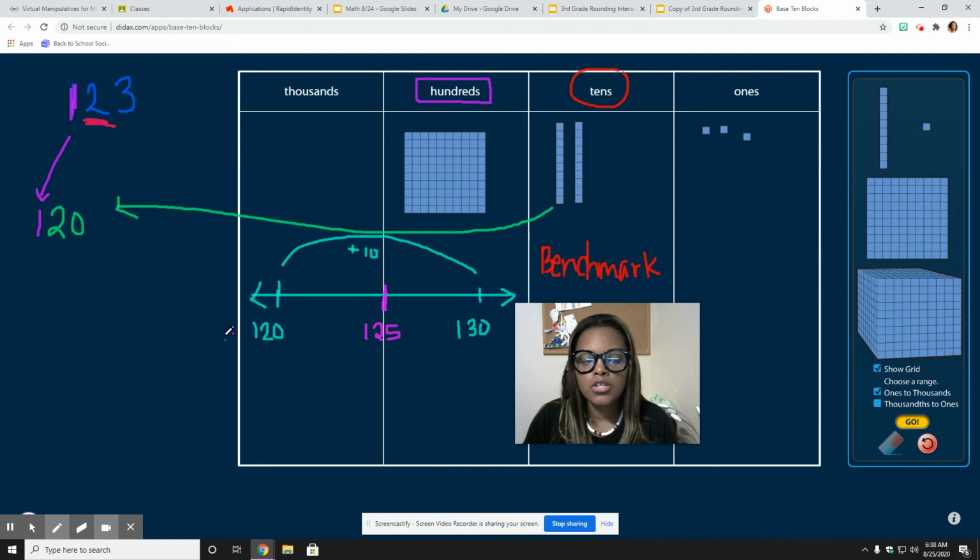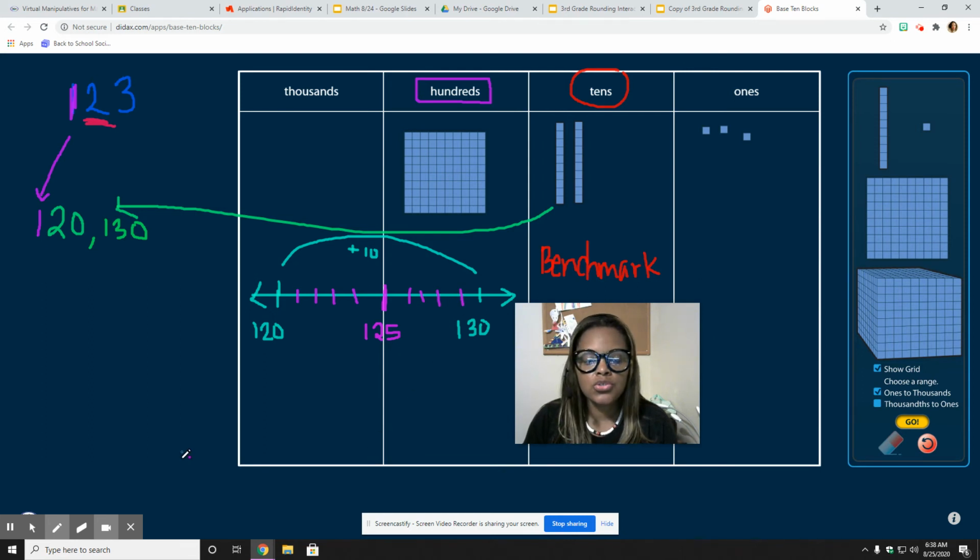Okay? So again, first benchmark number comes from the tens place. Copy that one right down to make it 120. Jump by 10, count by 10, and our next benchmark number is 130. So here's my two benchmark numbers, 120 and 130. And our midpoint is 125 because we have equal groups on each side.